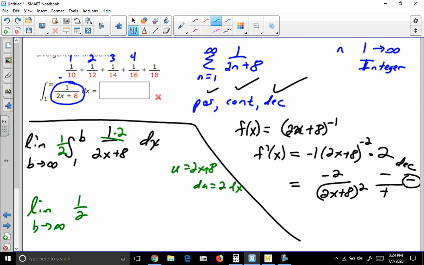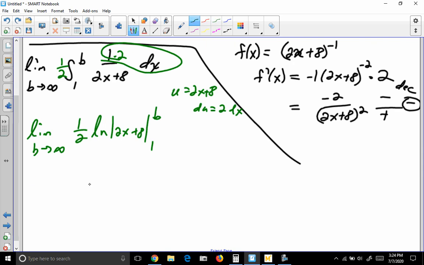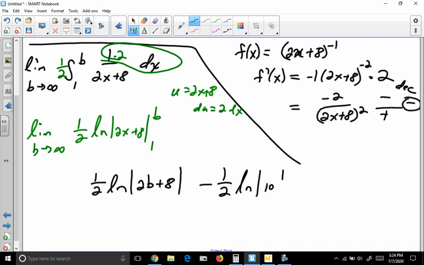This is just du over u. Du over u integrates into natural log absolute value of u, where u is 2x plus 8. And we evaluate that from 1 to b. So we have 1/2 natural log of 2b plus 8, minus 1/2 natural log of 2 times 1 plus 8. We get that answer.